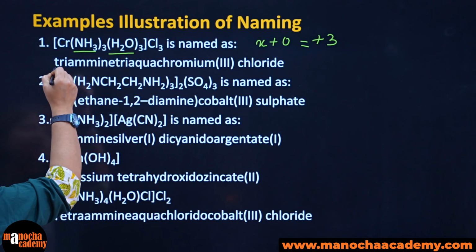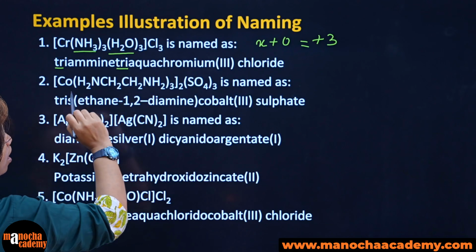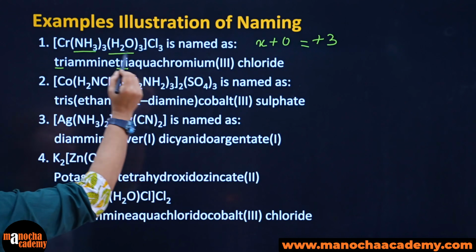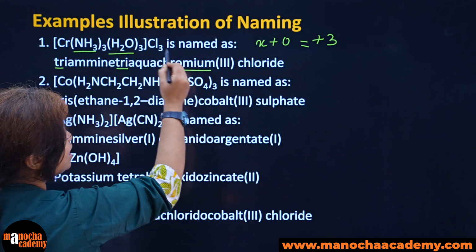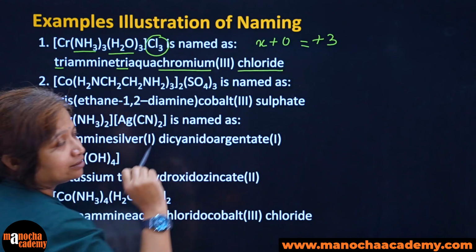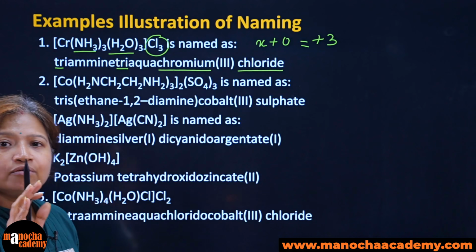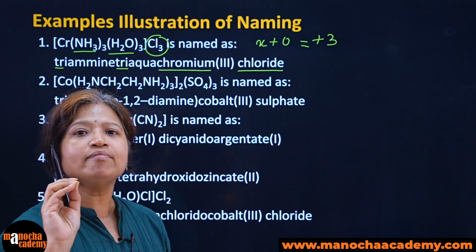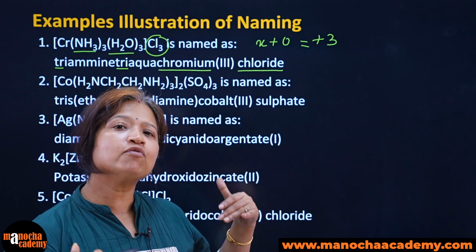So we write tri ammine, then triaqua, the name of the metal is chromium, in parenthesis oxidation number 3, and then we name the counter ion, chloride. Here we don't write trichloride, the counter ion number we don't mention in the name. But if the name is given, how can we walk backwards?